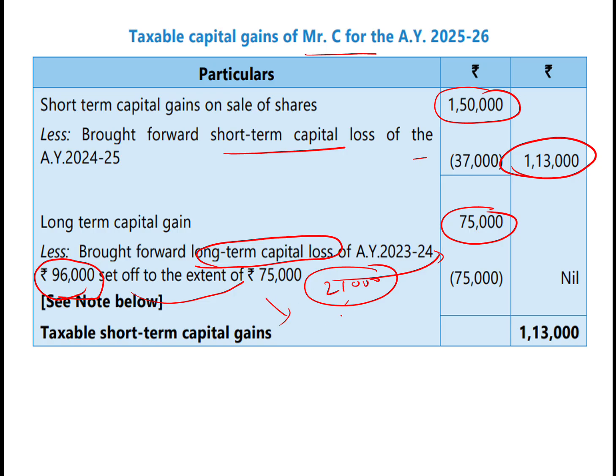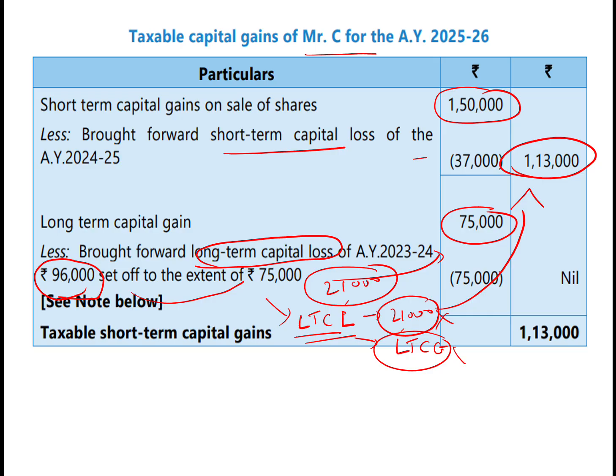In this problem, we have to clearly remember that we have long term capital loss of 21,000. Now the question will arise, why can we not set off this with 1,13,000? The very important rule is, whenever there is long term capital loss, we can set off that with long term capital gain only, and not with short term capital gain.